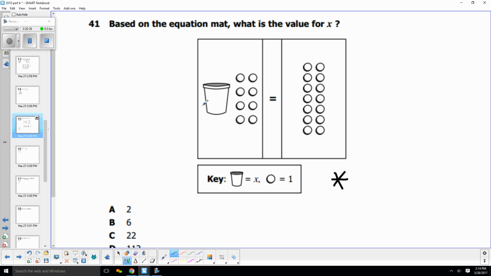Now, because you have the mat, all you have to do is take away all of these x or these numbers that's with your x. So if I take this one away to keep it balanced, I've got to take 1 away from the right side. So again, left, right, okay? For every one I take off the left, I've got to take 1 off the right.